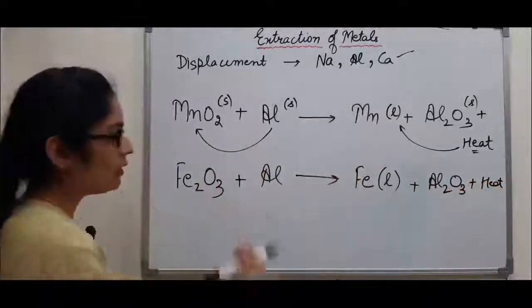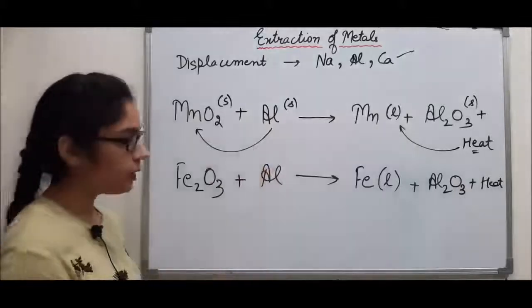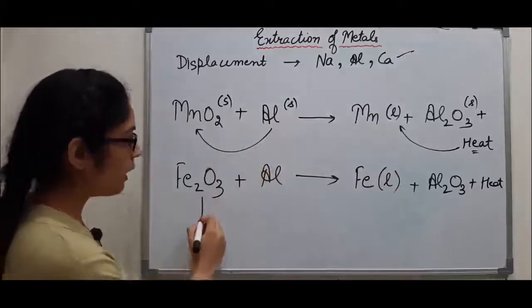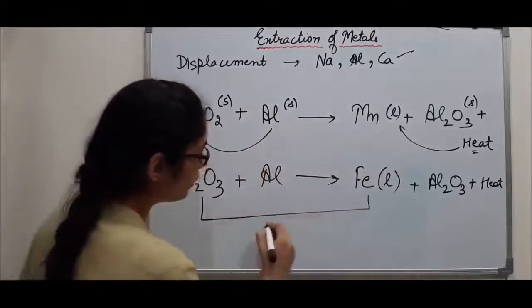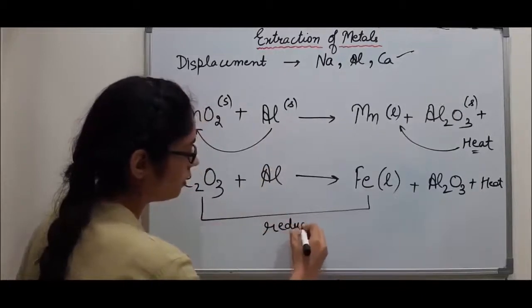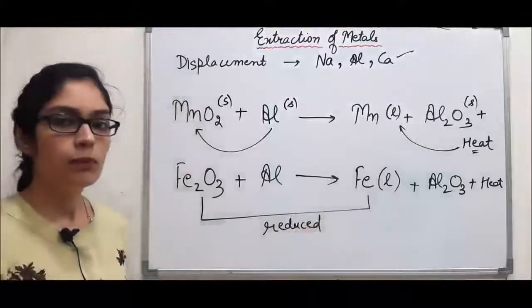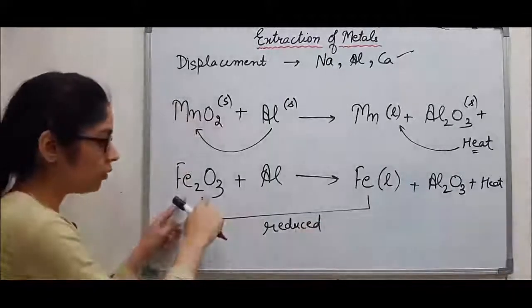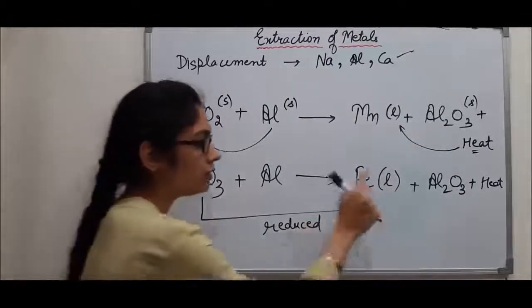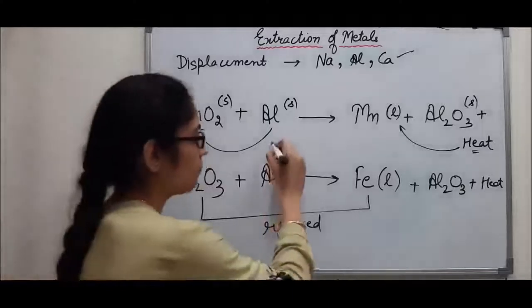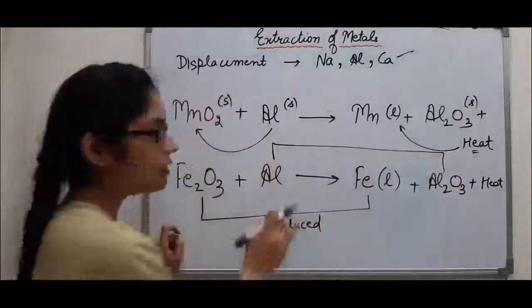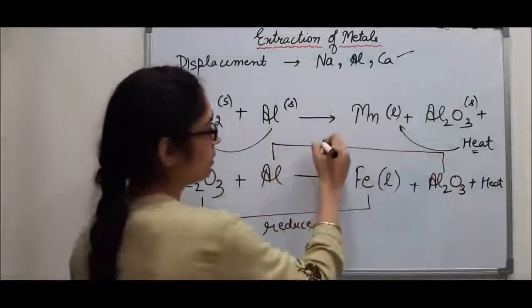Now you can see in both of these reactions, iron is getting reduced. Reduced means, as we have done in chapter number 1, removal of oxygen. You can see here removal of oxygen is taking place, and here addition of oxygen is taking place.